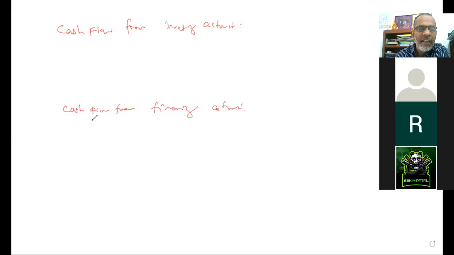Okay. Issuance of shares, 250,000. Second one, obtain a long-term loan of 250,000 to be settled within 5 years.